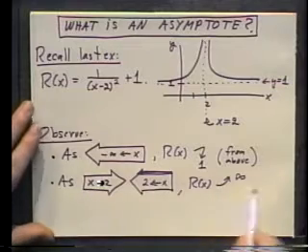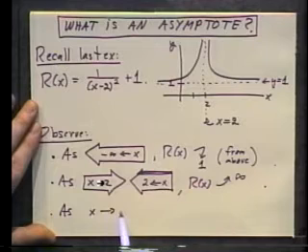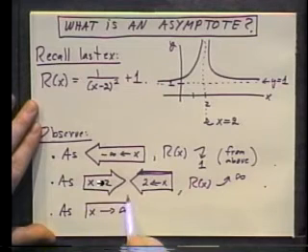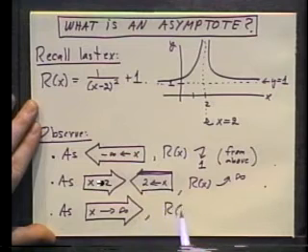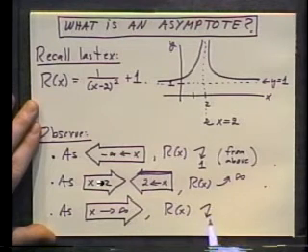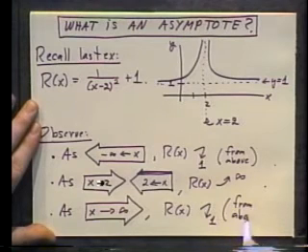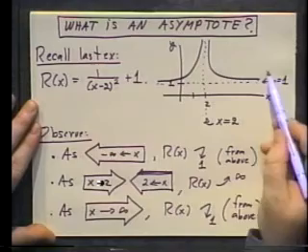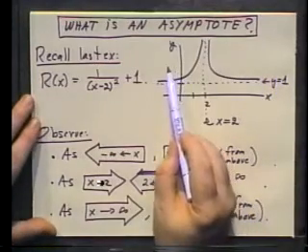And then finally, as x goes off to infinity, over to the right, grows without bound to the right, then what's happening to r of x? Well, r of x is again going down to 1 from above. Now I'm talking about this region over here. So what we've done is we've examined all the interesting parts.